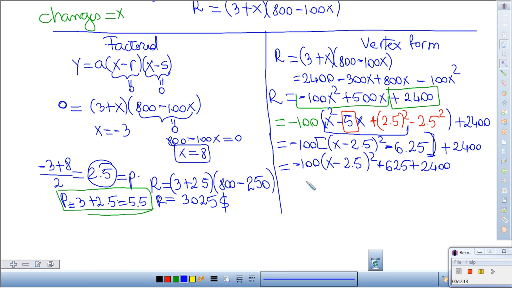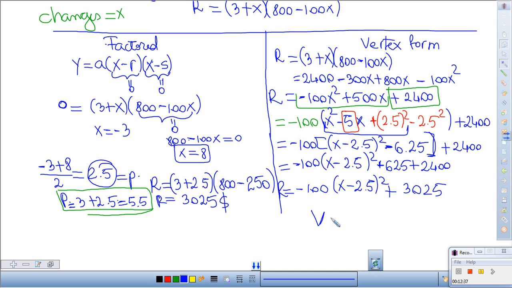So what comes next? Well, I just have to collect the 2 numbers. So I have negative 100 times x minus 2.5 squared plus 3025. So now, finally, my revenue equation is in vertex form.